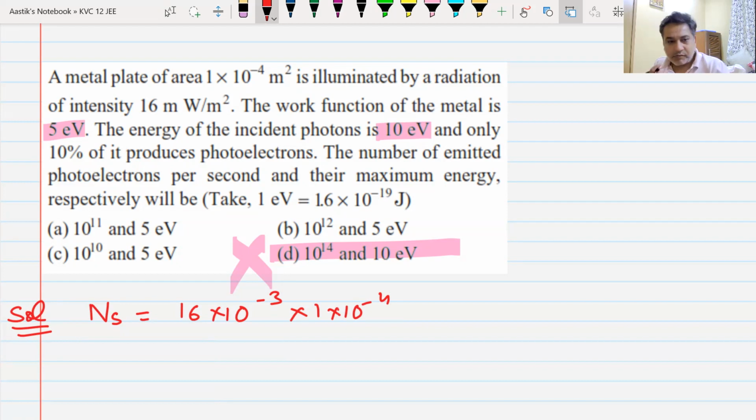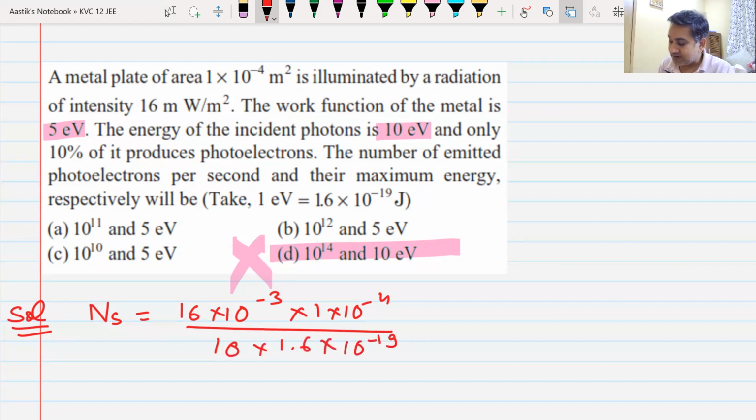Yes, sir. You divide it by the energy of one photon. What is the energy of one photon? 10 electron volt, 10 into 1.6 into 10 raised to the power minus 19. Do we understand this, bacha?